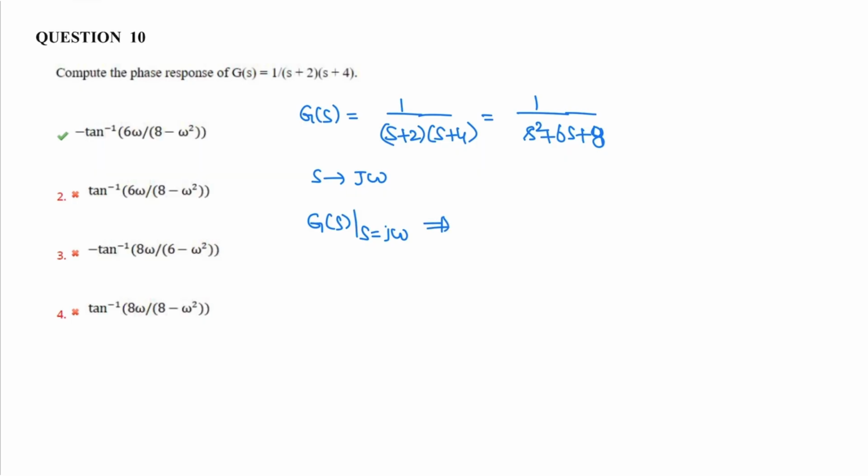So G of j omega becomes 1 by j omega square plus 6 j omega plus 8, that is 1 by 8 minus omega square as the real part, and the imaginary part is j into 6 omega.